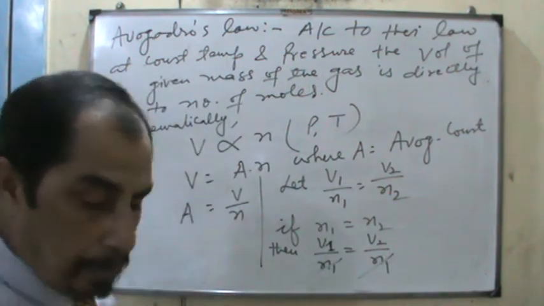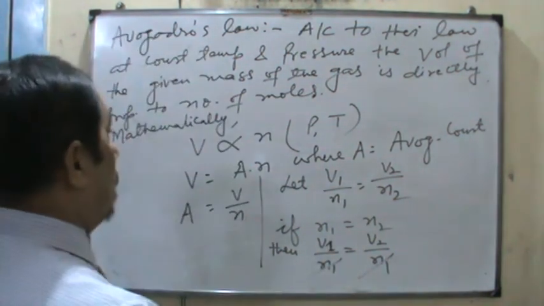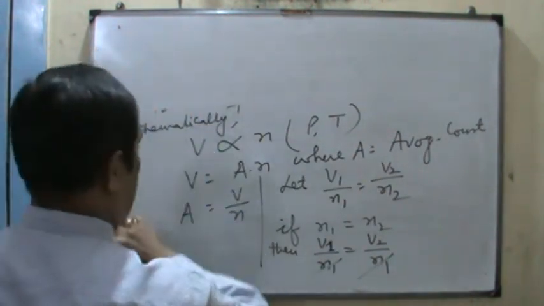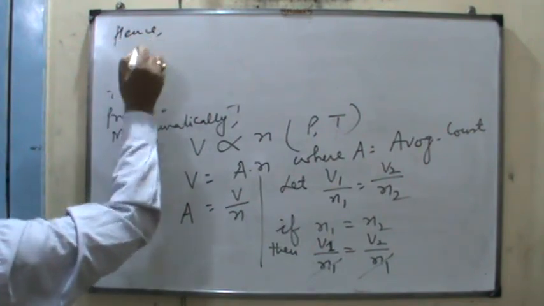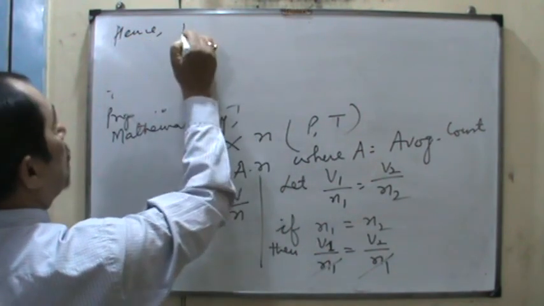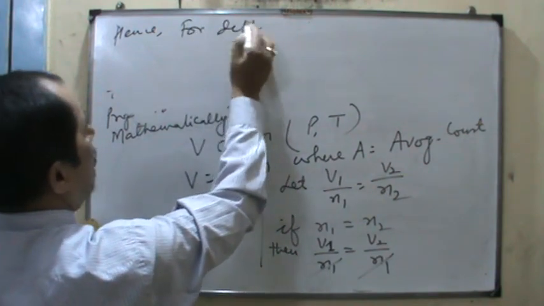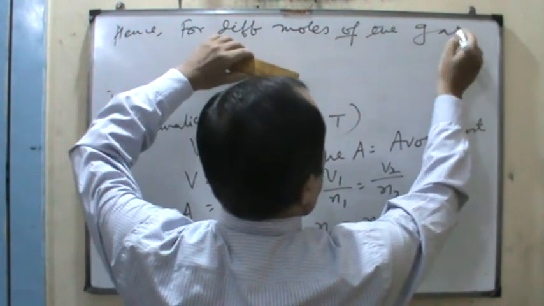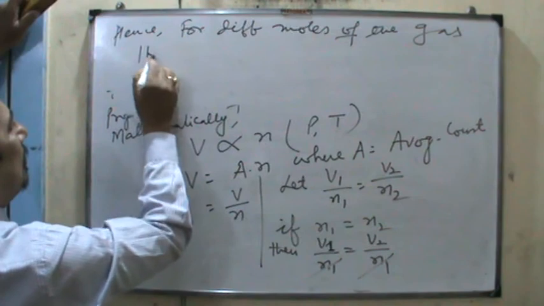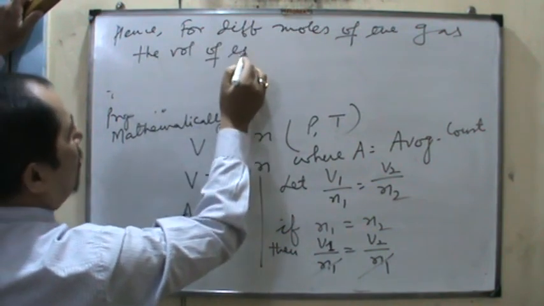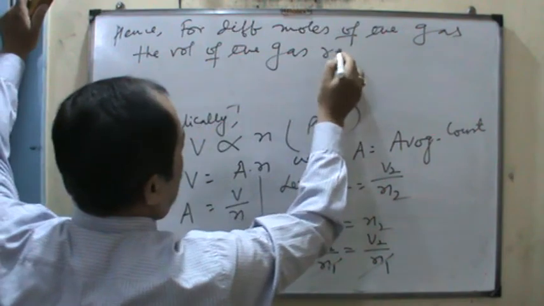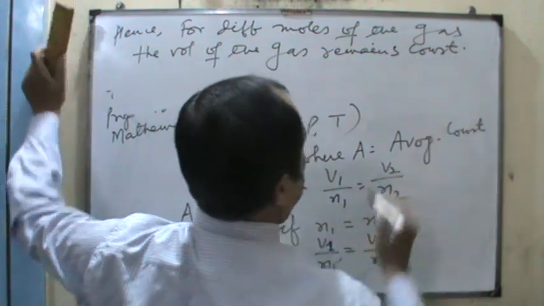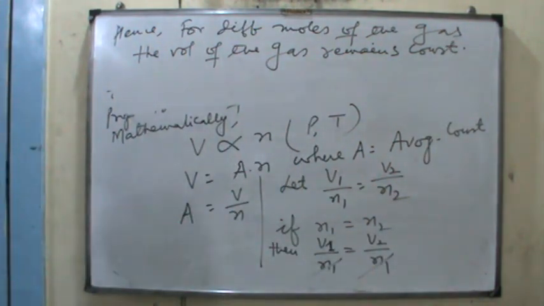That means for different gases with the same number of moles, the volume remains constant. Hence Avogadro's law can also be concluded as: for the same number of moles of a gas, the volume of the gas remains constant. This is Avogadro's law.